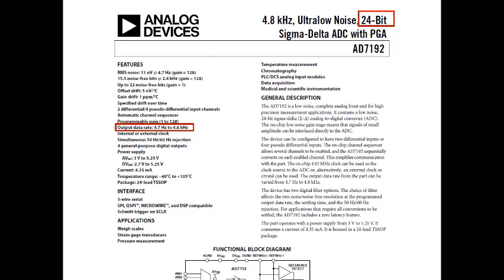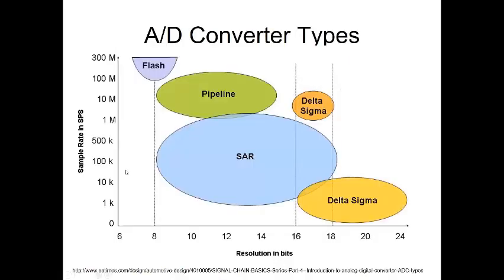So there's always this trade-off between speed and resolution and cost. It's a three-way balancing act. And depending on what you need for resolution and what you need for speed, there's a different flavor of A to D converter that's suited to your application.